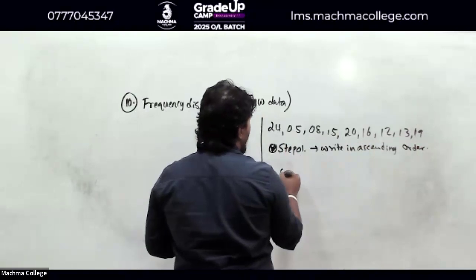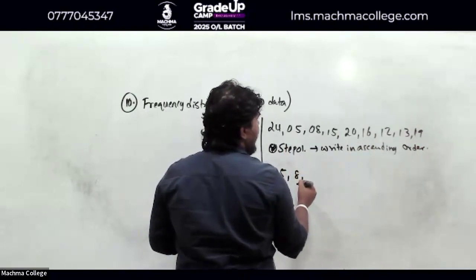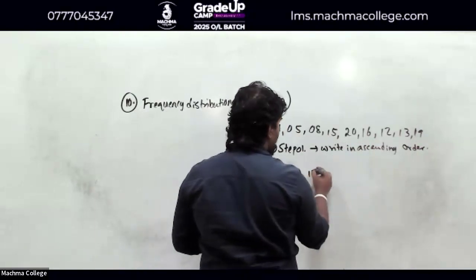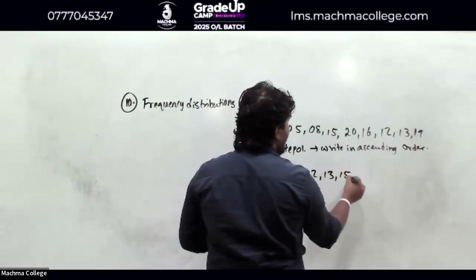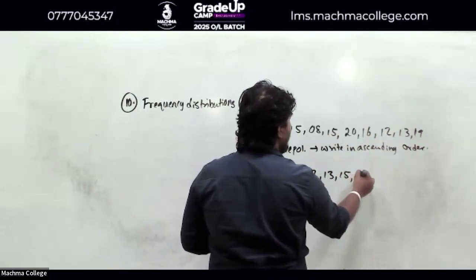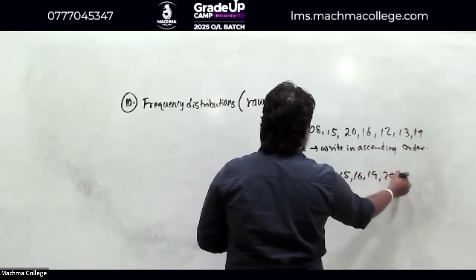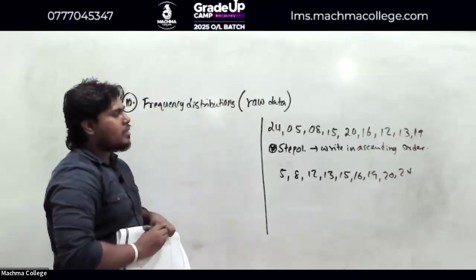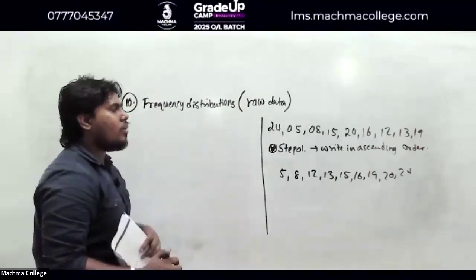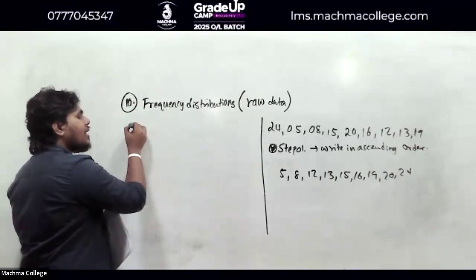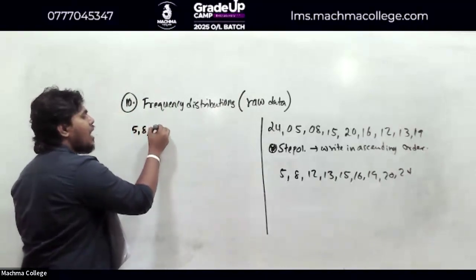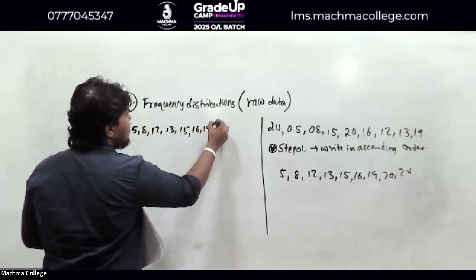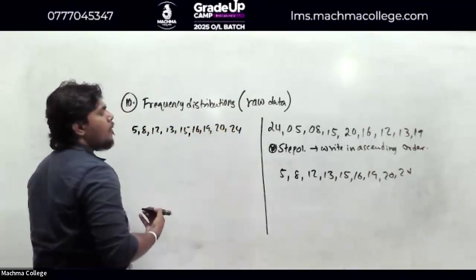The lowest number is 5, and then 8, 12, 13, 15, 16, 19, 20, and 24. Okay? These are the values. Number one, prepare that in ascending order. Once you prepare it, that's going to be your first step in the answer sheet. You have to write that as the first step in your answer sheet.